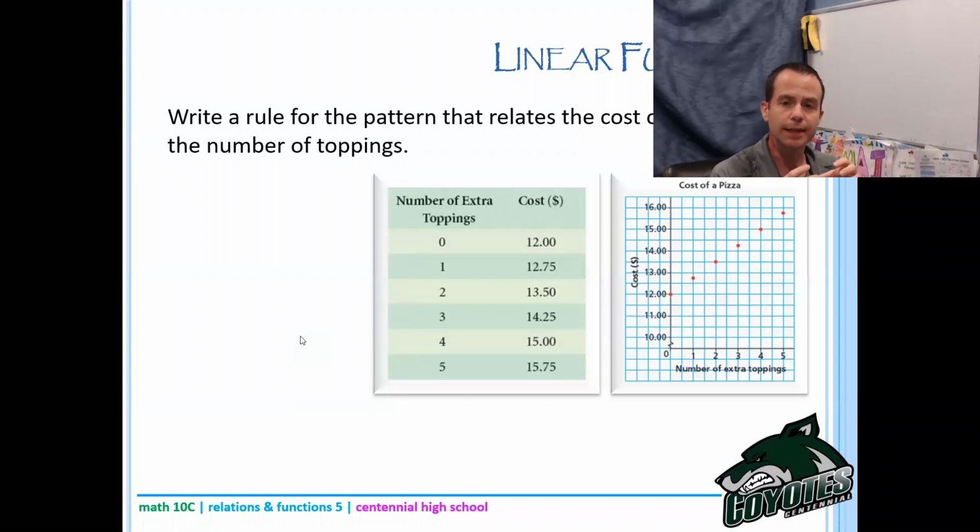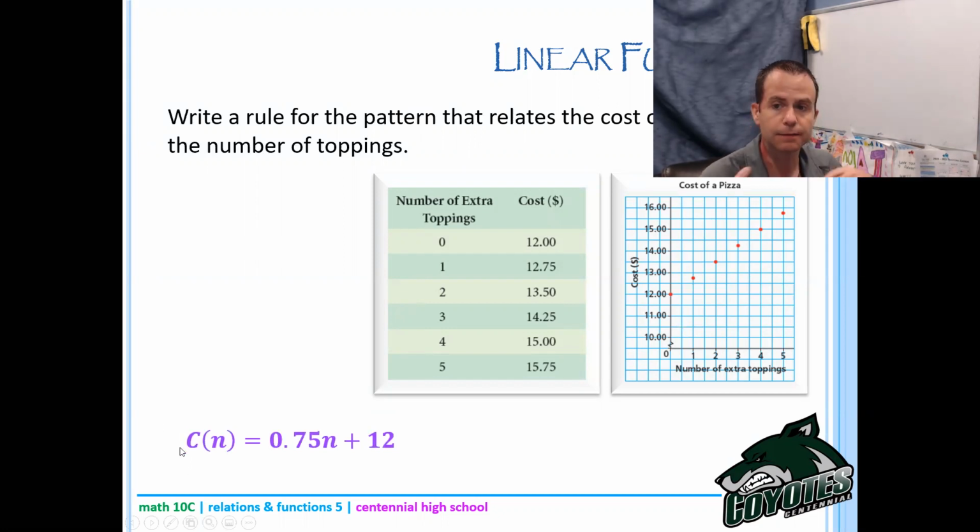So we're going to represent the number of toppings as N. And so that would be 0.75 N, because it would be 0.75 times the number of toppings I have, plus the cost of nothing. The cost of nothing, or the cost of no extra toppings in this case, is $12. So I end up with C of N, so I'm writing this in function notation.